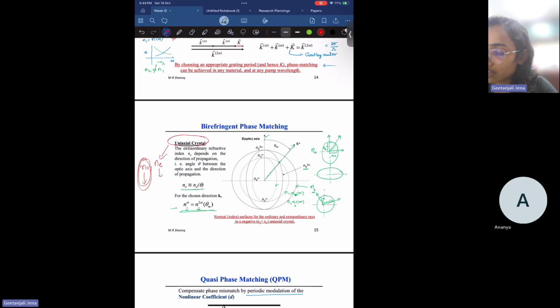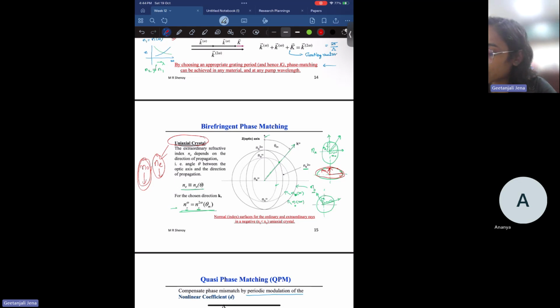But when you plot the index surface for Ne, the extraordinary refractive index, we'll see an ellipse. That means this ellipse has different magnitudes in different directions. Here it will be of one magnitude, in this direction it will be of another magnitude, and if the light propagates in this direction, it will be different from the previous direction. So depending on the direction of propagation, Ne will vary.